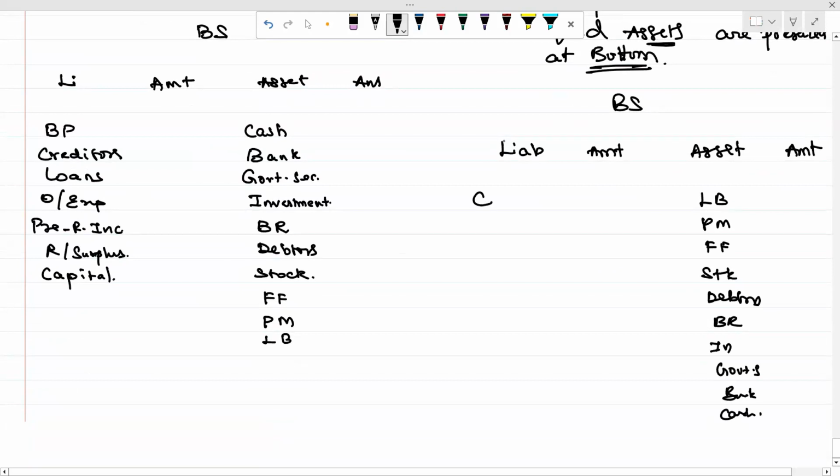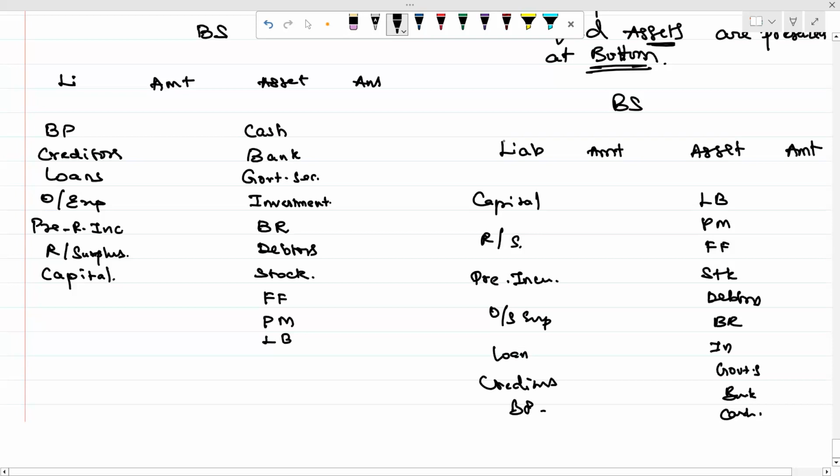Liabilities include capital, reserves and surplus, that is profit and loss, general reserve and all, pre-received income, outstanding expenses, loan, creditors, bills payable.